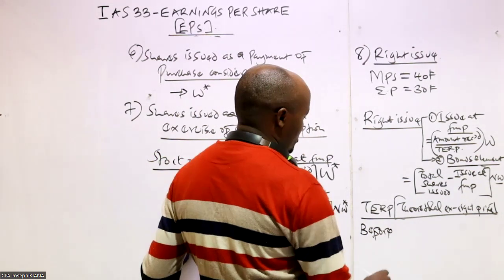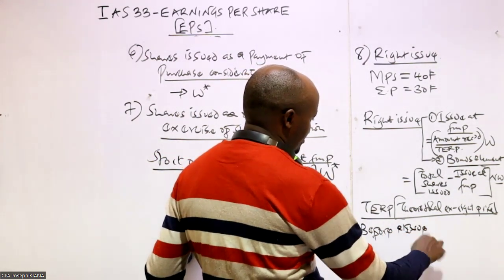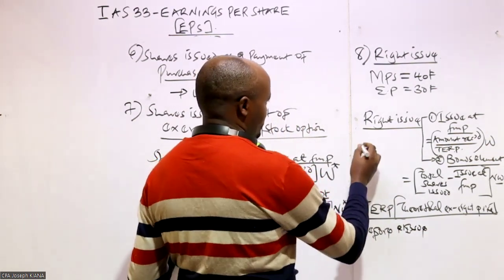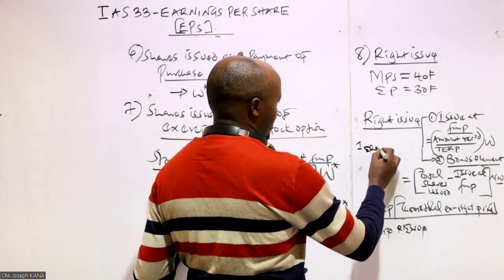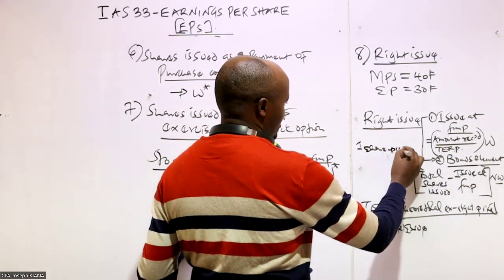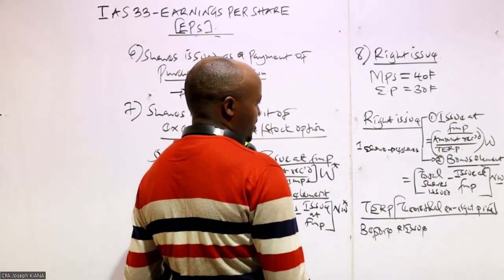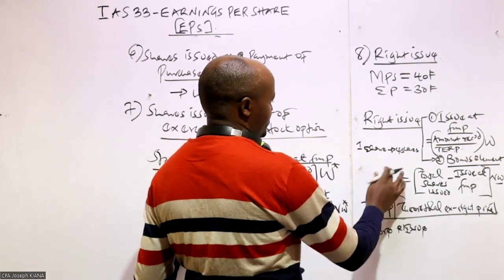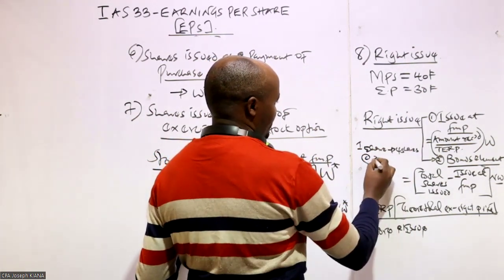You just take the shares, because in most cases you'll be told, for example, that during the right issue the company was to issue one share for every 4 shares which were held. And in this case, we can be told this one share which will be issued during the right issue will be issued at a price of 30.